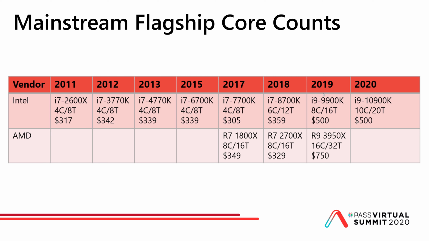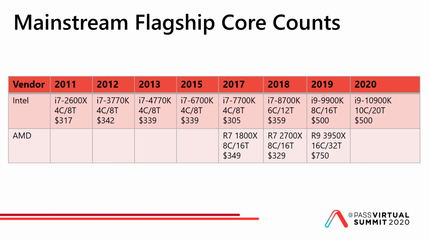Enthusiasts and regular computer users were getting tired of this over the years. And then finally, in 2017, AMD released their first generation Zen desktop processors. They went up to 8 cores and 16 threads for just slightly more money than what Intel was selling a 4-core, 8-thread CPU for.